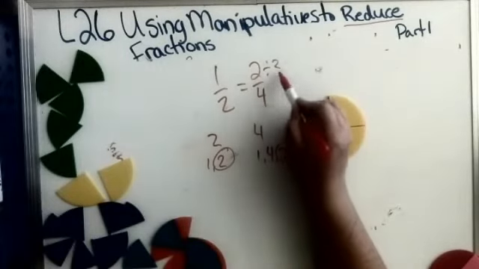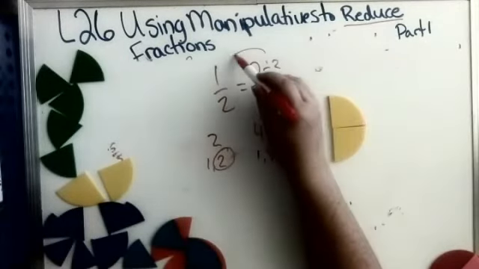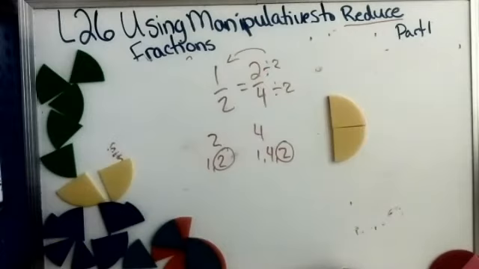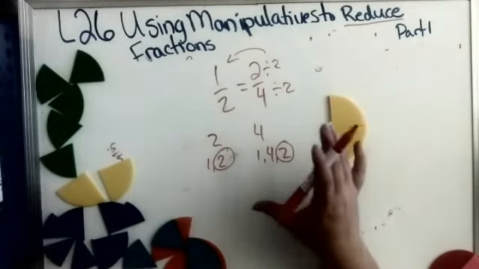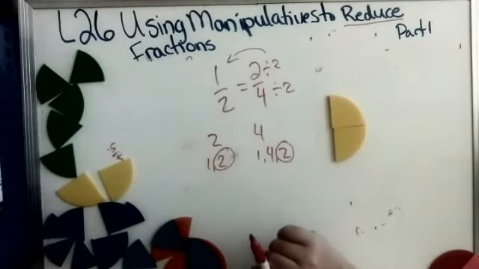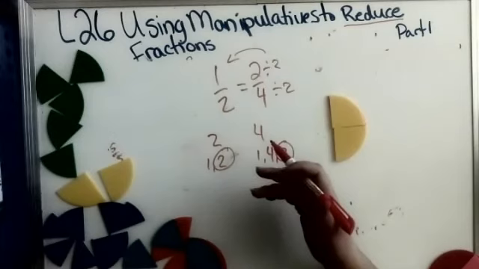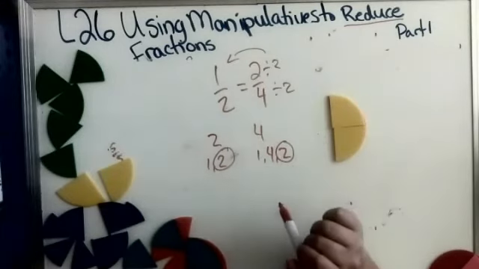Divide both of these by 2, and I get 1/2. So again, you can either use manipulatives if you have them in class, or you can do division using greatest common factors to find lowest terms or to reduce.